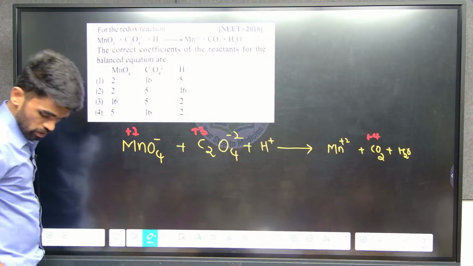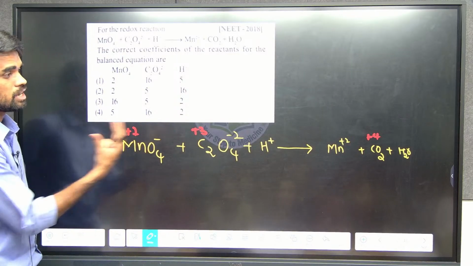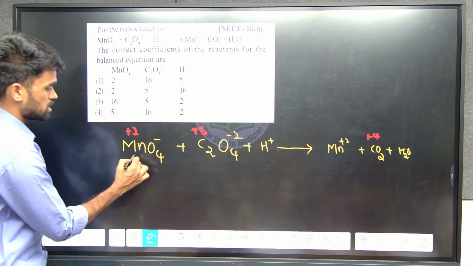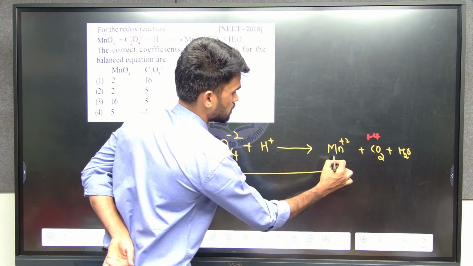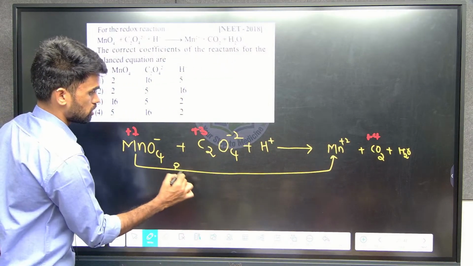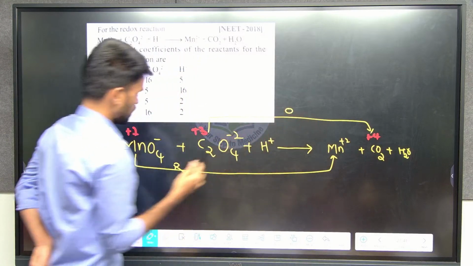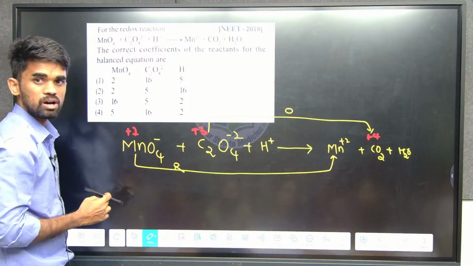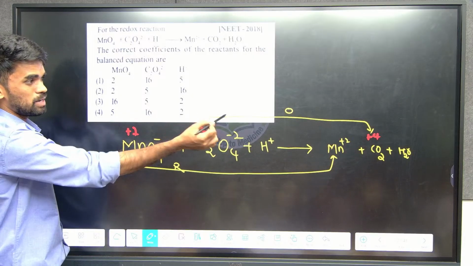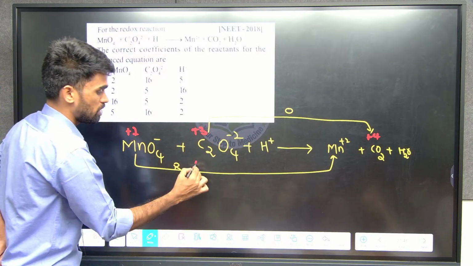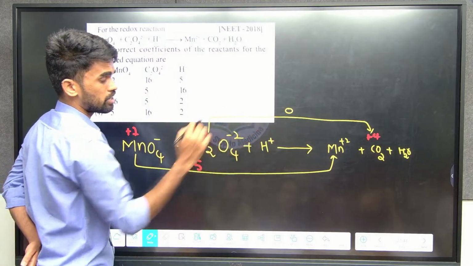Done. Now identify oxidation and reduction. What is happening to manganese? Reduction. What is happening to this carbon? Oxidation. Now in reduction, how many electrons are involved? Plus 7 to plus 2 means 5 electrons.